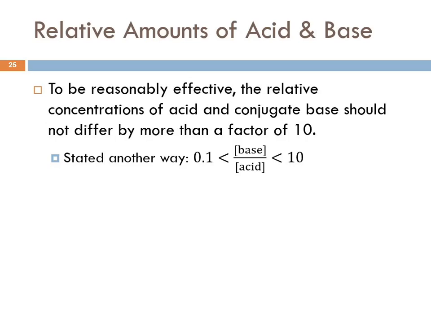And so on the previous, that solution 2, the base was 0.02 and the acid was 0.18. 0.02 divided by 0.18 is equal to 0.111, repeating. A little bigger than 0.1, not much. So that's just kind of a guideline.